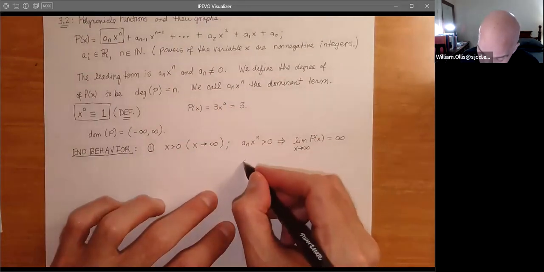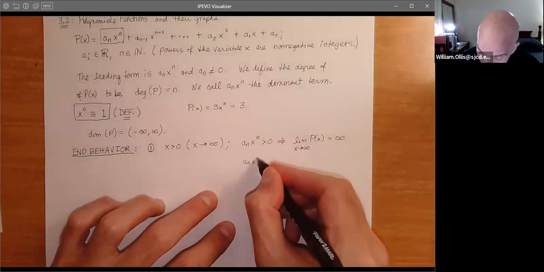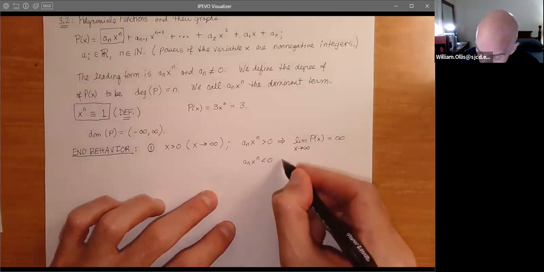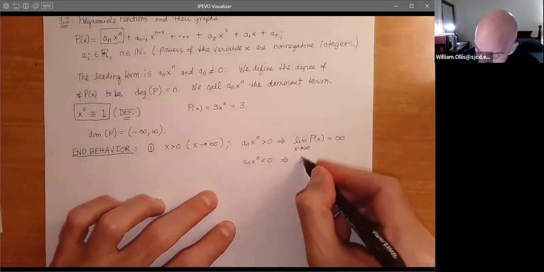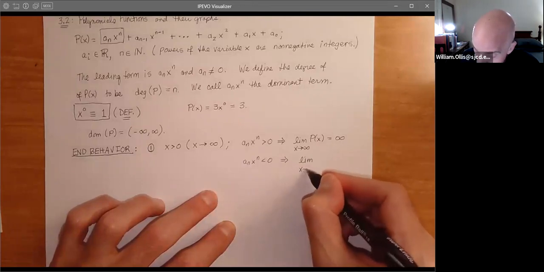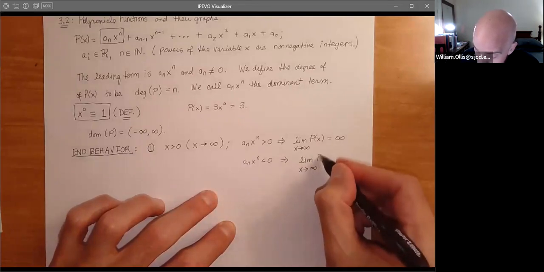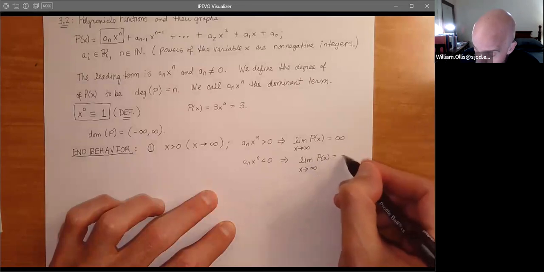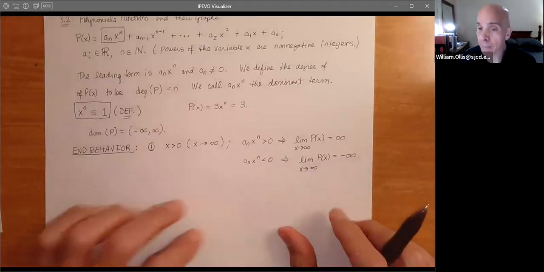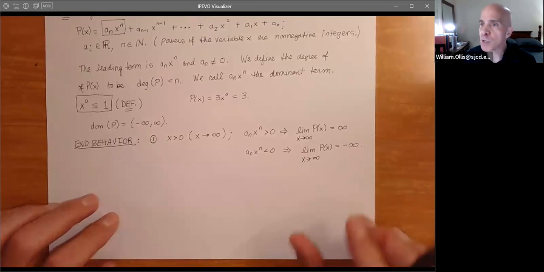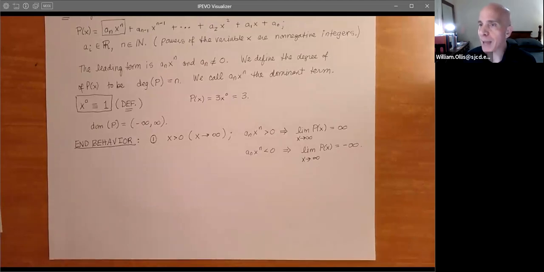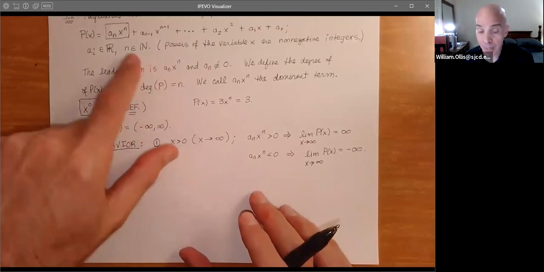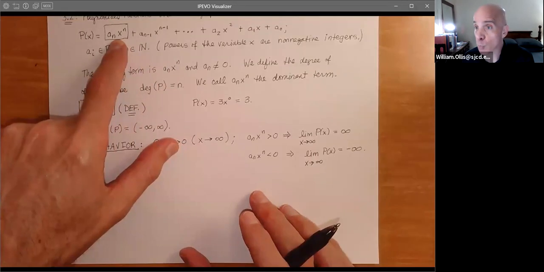Now, of course, if we go in the other direction, if the sign is less than 0, then this implies that as x approaches infinity, P of x gets arbitrarily small, negative infinity. So there's nothing difficult about this. End behavior is nothing. I mean, you're thinking, well, it would really be nice if the problem is written this way.